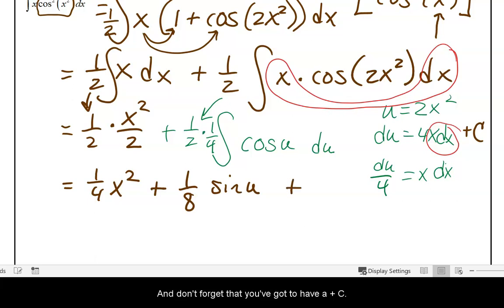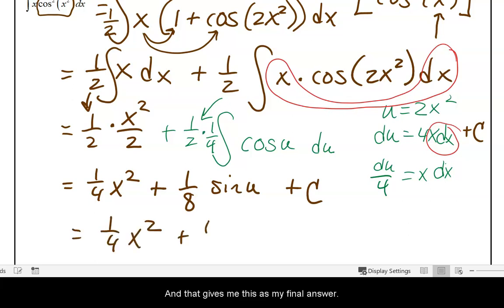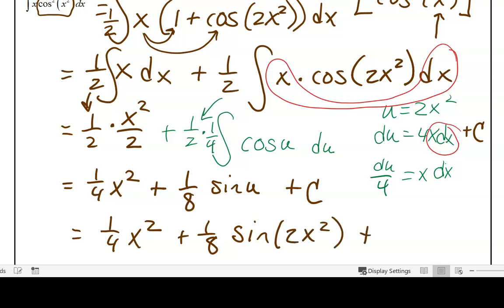And don't forget that you've got to have a plus c. I'm not done because I need to get back out of u and back to only x. I replace the u with 2x squared. And that gives me this as my final answer: 1/4 x squared plus 1/8 the sine of quantity 2x squared plus a constant.